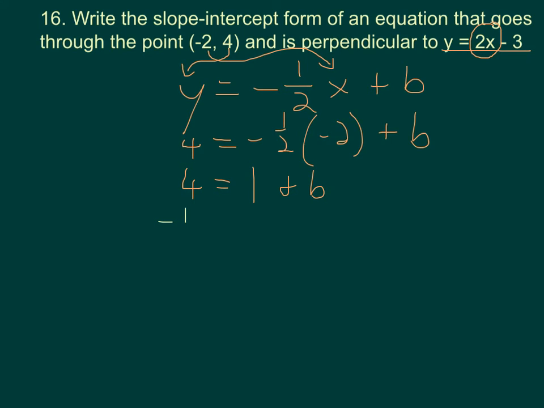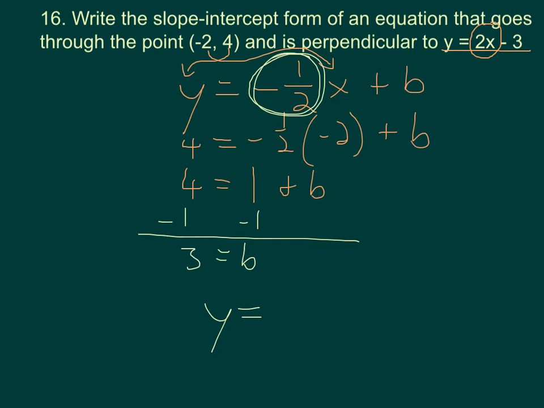If I subtract 1 to get b by itself, I get 3 equals b. The equation for my line, therefore, is y equals, I know my slope is negative 1/2, and b is 3.